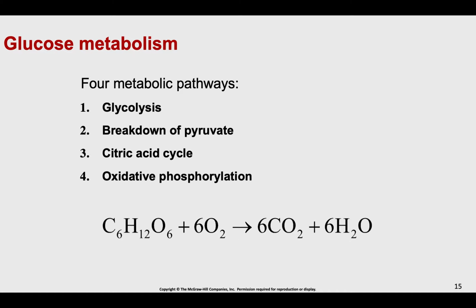So we're going to talk about it as four pathways. I know you've probably learned in the past as it being three pathways, right? Sometimes this breakdown of pyruvate is either clumped with glycolysis or clumped with the citric acid cycle. We are taking it out as its own separate pathway. All right, so the generalized equation is right down the bottom there. There's a lot of steps to get to this final equation.